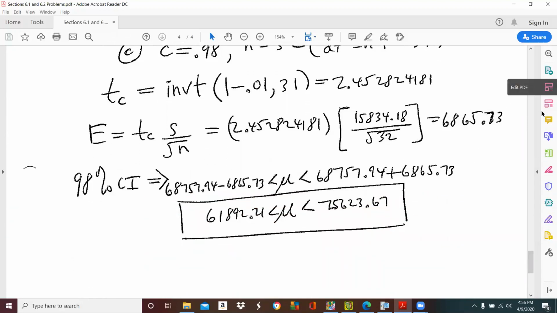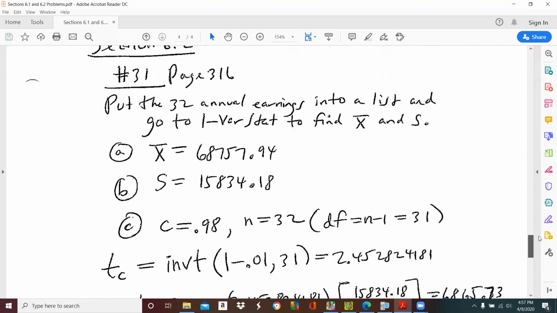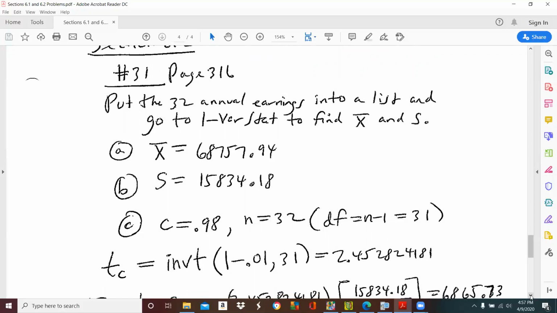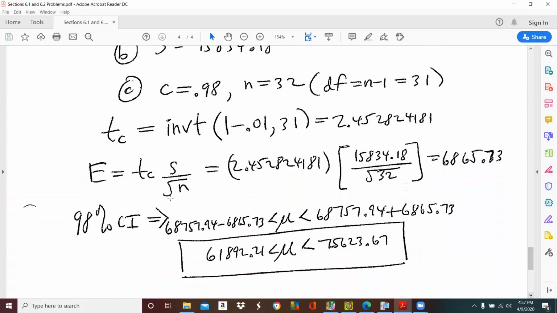And once again, our sample mean is $68,757.94. The left end is that number minus the margin of error. The right end is that mean plus the margin of error. And we get this as our left endpoint and this number as our right endpoint.